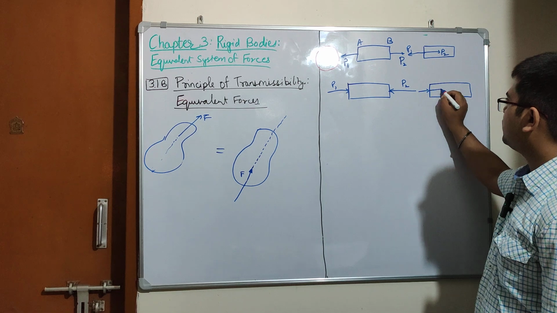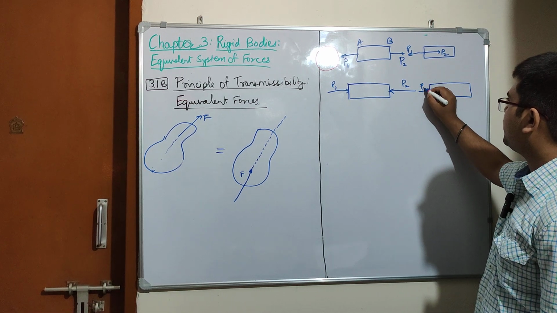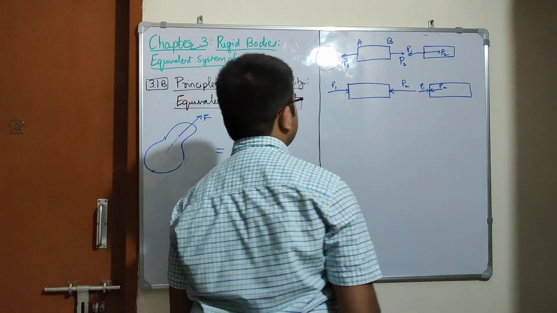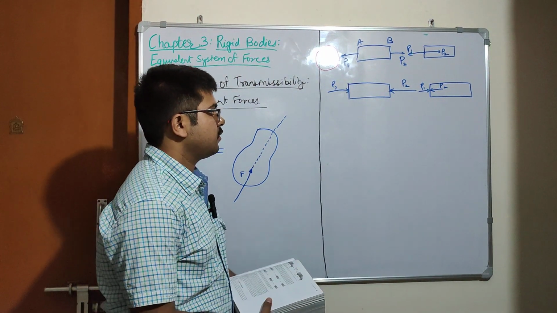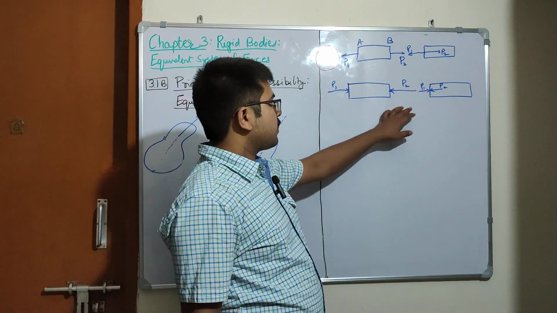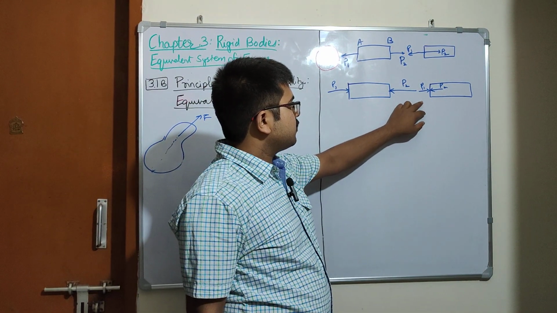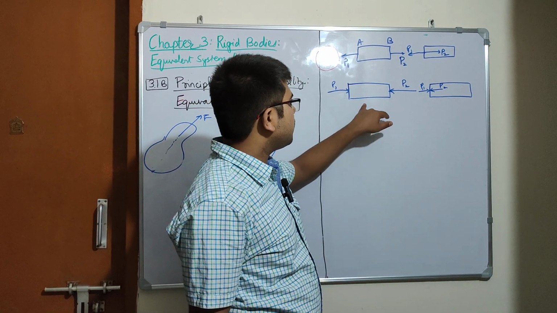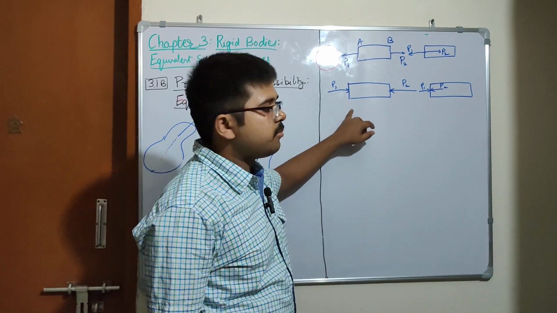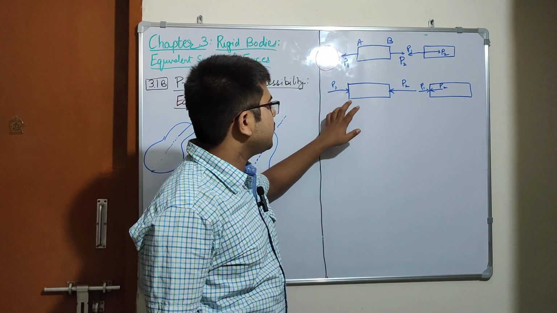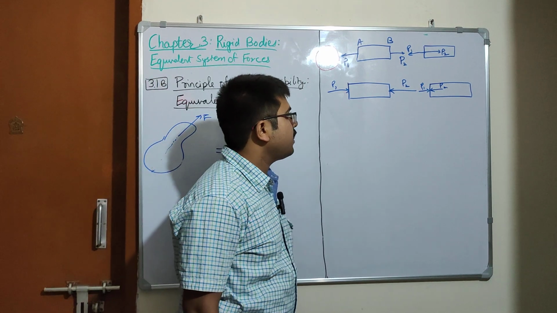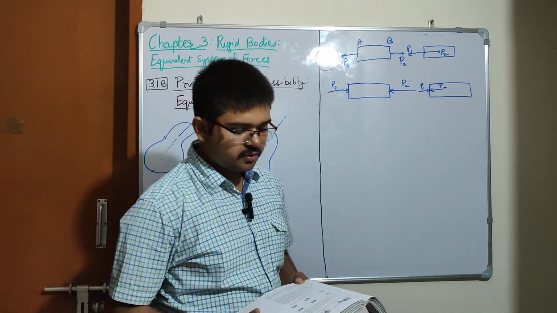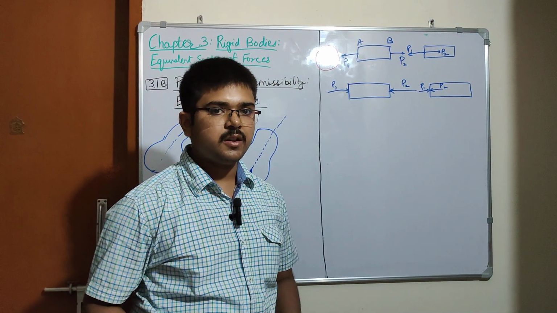But principle of transmissibility says that P1 and P2 can be replaced as shown here. But this body would be under compression. So that is not taken into account by principle of transmissibility. So that's the limitation of principle of transmissibility.